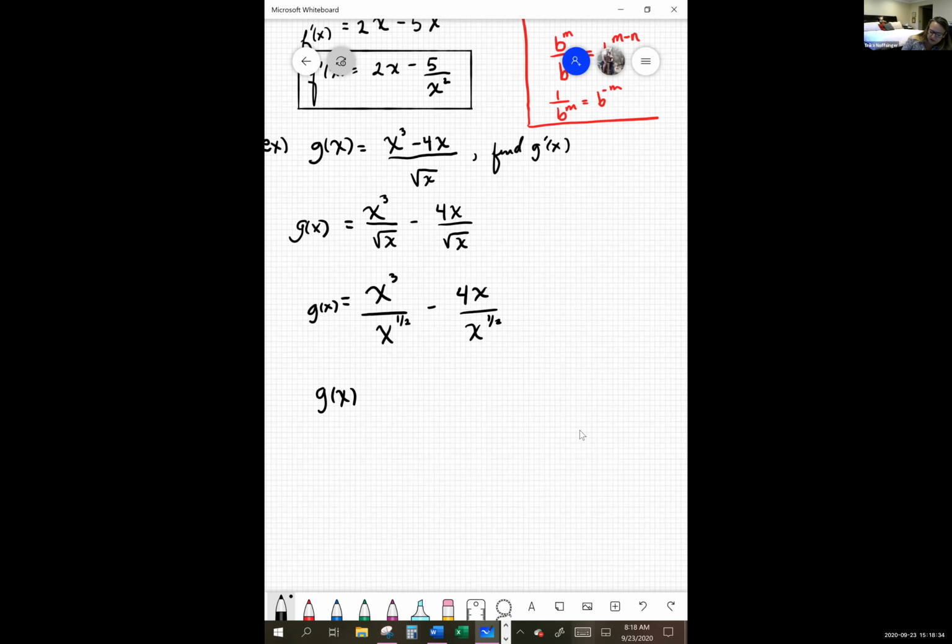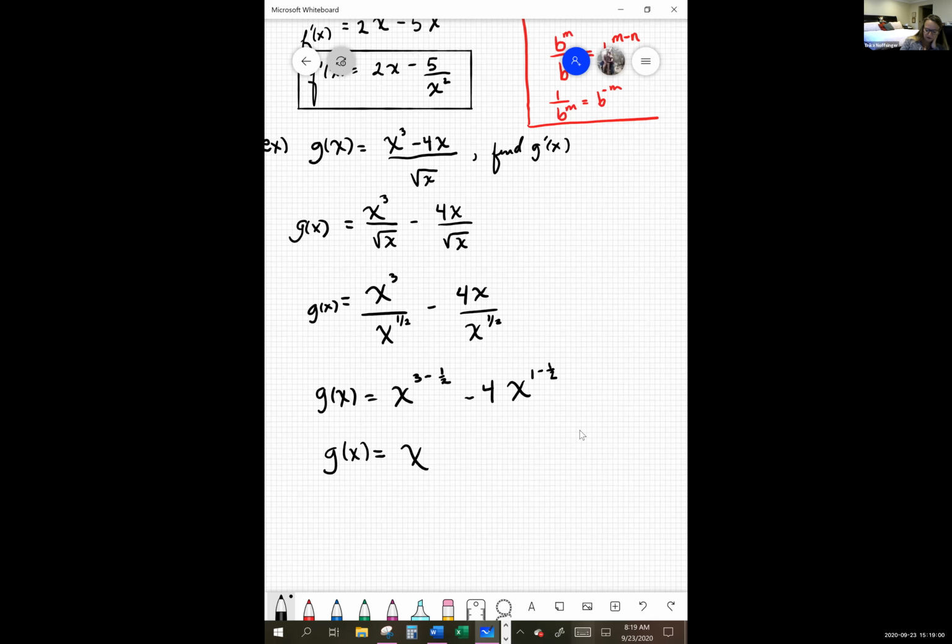So we're going to use that rule of exponents. We have x cubed minus 1/2 for the exponent, minus 4x. So this is really a first power, so 1 minus 1/2. We need a common denominator so we can add those exponents.